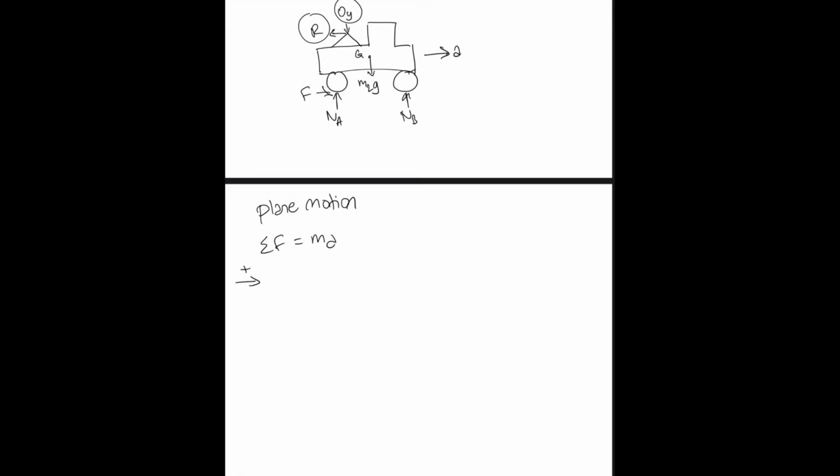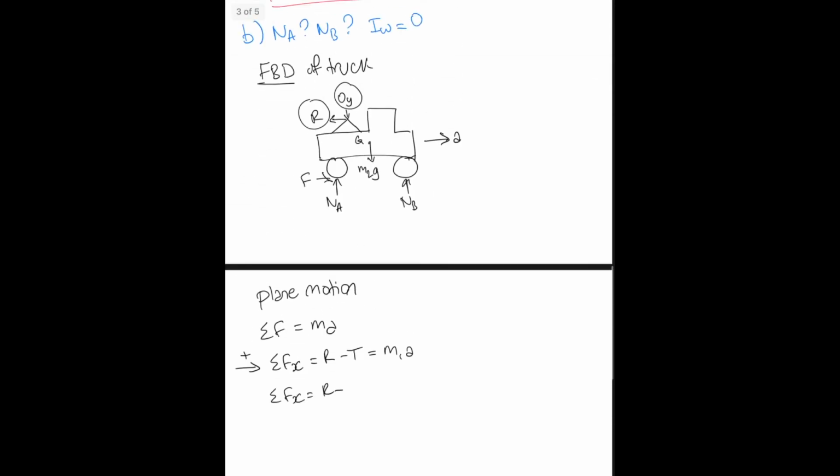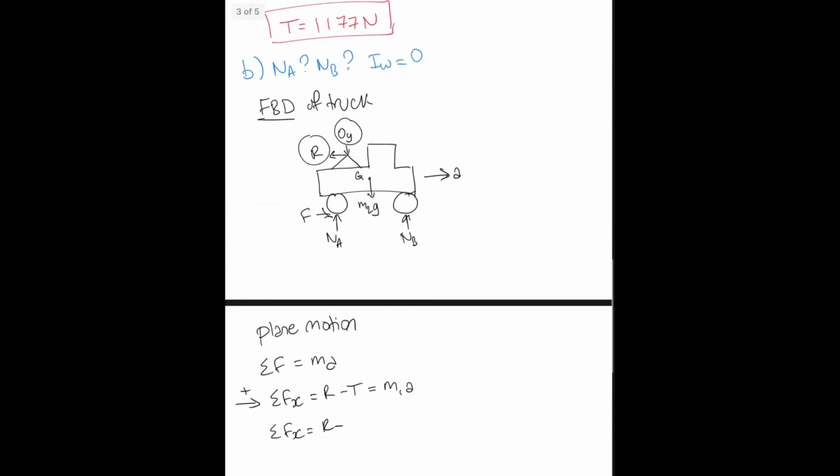And in the positive x direction, Fx, based on this free body diagram, is R minus T is equal to ma. Knowing the value for tension, we're going to plug that in.